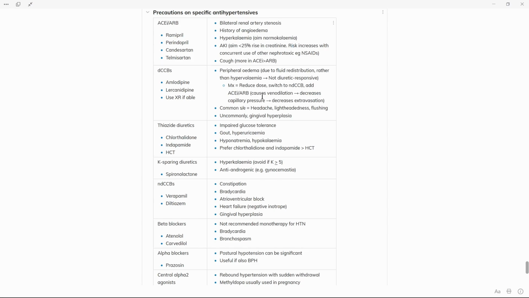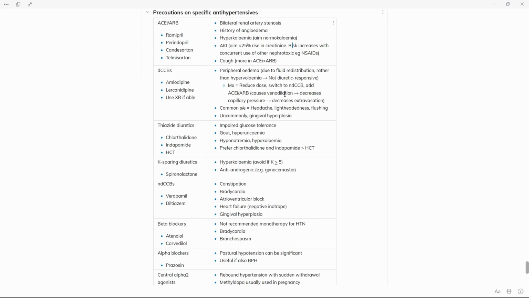The way that works is because ACE inhibitors and ARBs cause arteriolar dilation, but they also cause venodilation. Peripheral edema occurs when blood leaks out of the capillaries into the extravascular tissue, and for the blood to get to the capillaries, it goes from the arterioles to the capillaries, and then from the capillaries into the venules.